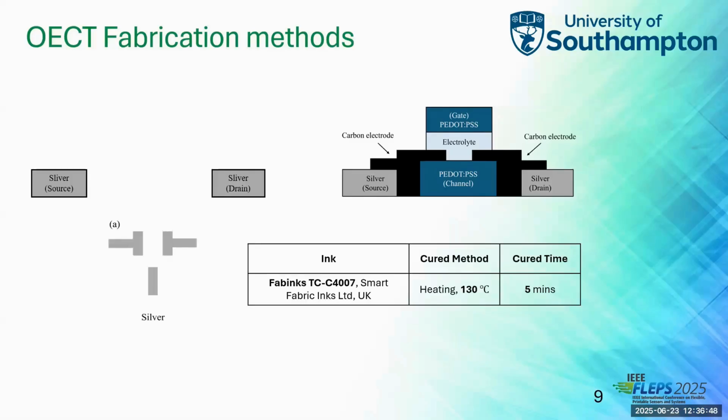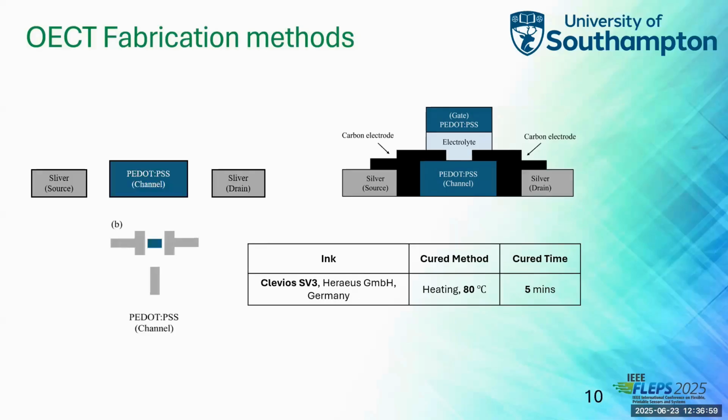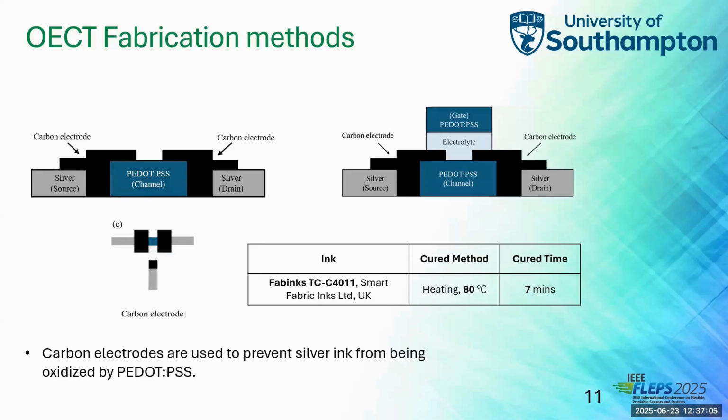So going back to the fabrication. First, print the electrodes, the gate, drain, and source, using silver ink. And then print the channel, PEDOT:PSS. And then we use the carbon electrode to connect the silver and the PEDOT:PSS.